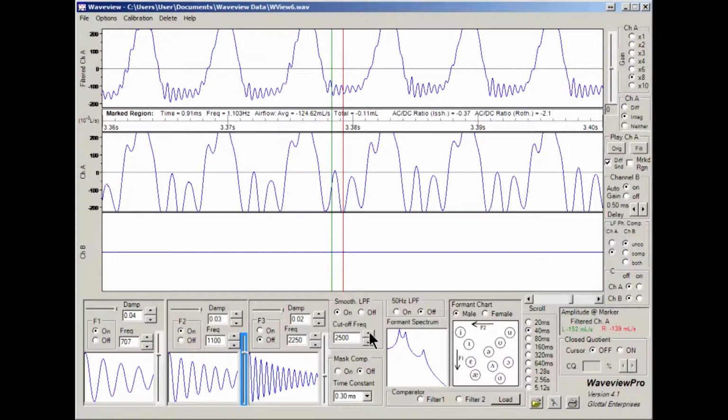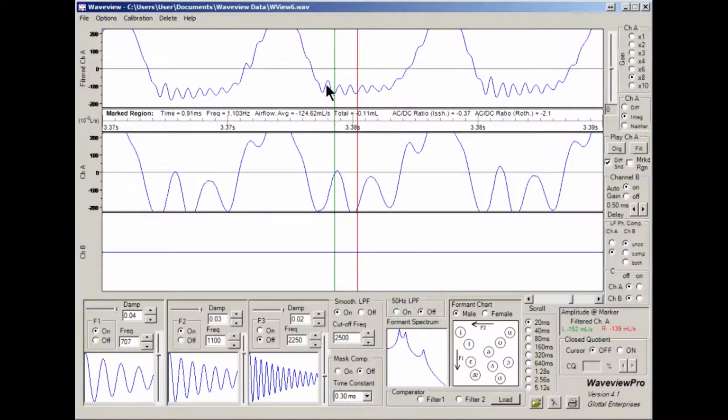That's above the third formant, so it's taking out the fourth formant and leaving me with the third formant. So now I'll expand this a little more, and I'll do the same procedure, picking two successive oscillations.